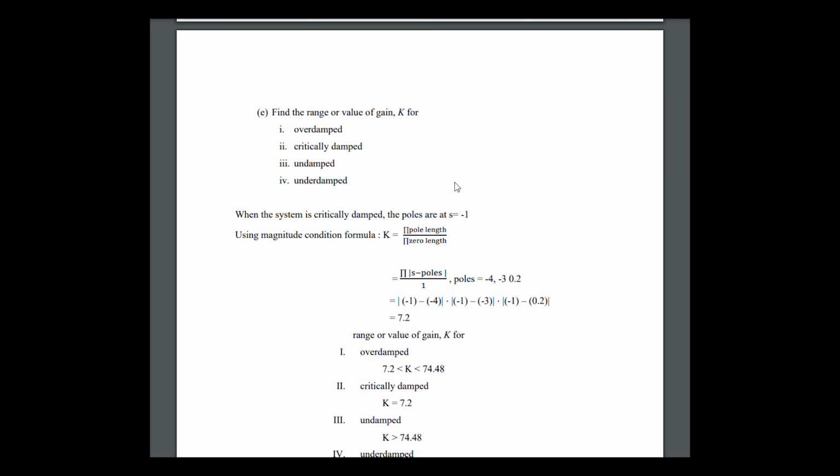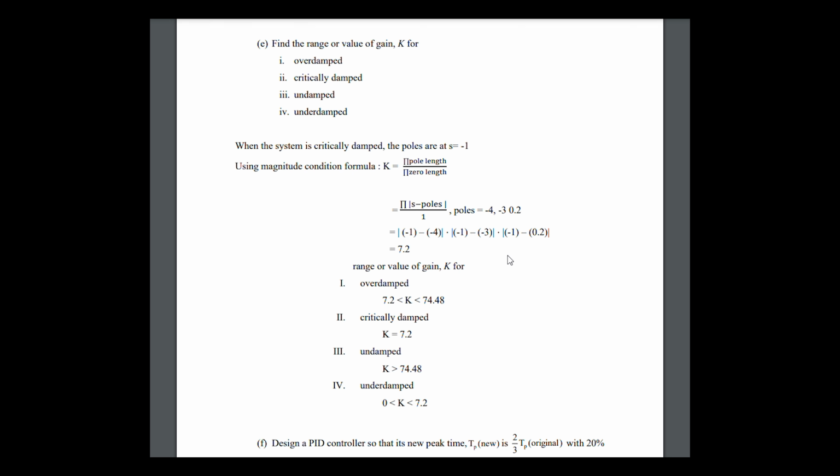Then we need to find the range of the value of K for overdamped, critically damped, and underdamped. First we do the overdamped. When the system is critically damped, the poles are at s equals to -1. Using our magnitude condition formula, K equals pole lengths over zero lengths, poles at 4, 3, and 0.2, then we get 7.2.